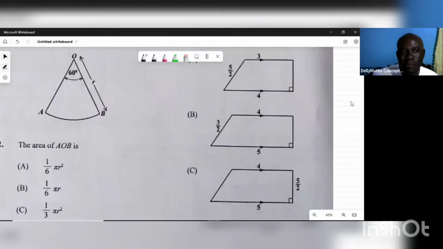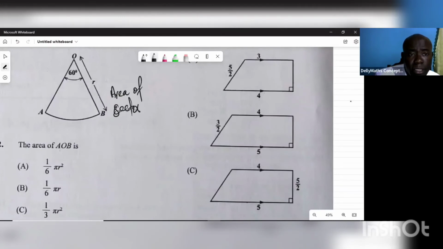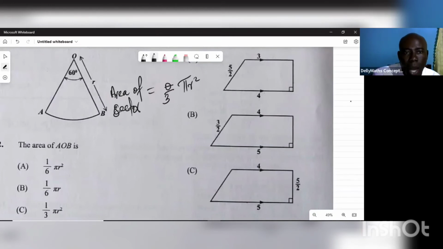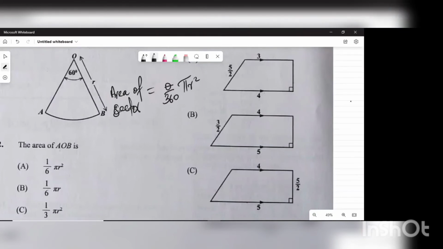It comes under measurement. So remember, the area of a sector is coming from the area of a circle, which is pi r squared. The only thing, though, is that it's going to say what portion of the circle.